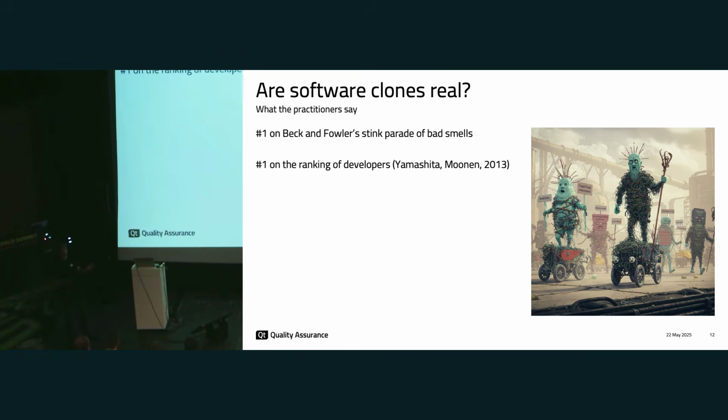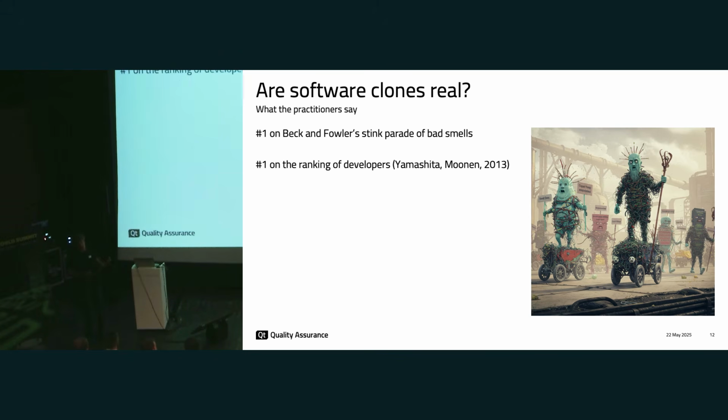Well, you can then, of course, argue it's just opinions. It's the opinions of these two authors. Colleagues of mine from a Norwegian research institute asked professional developers to rank existing bad smells, and also for these, the clones were the topmost, most highly ranked bad smells.